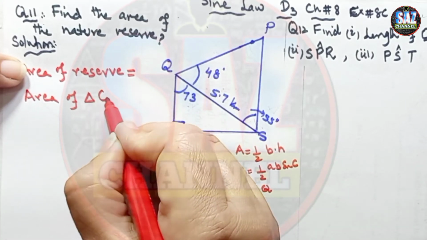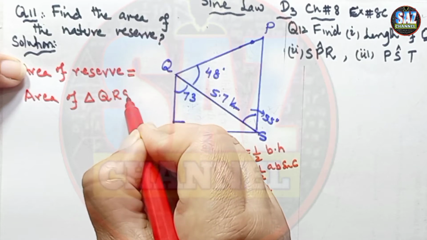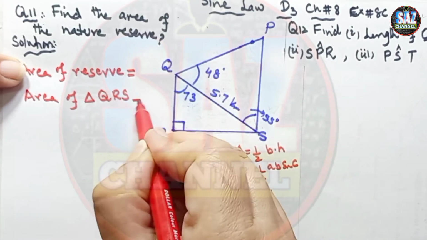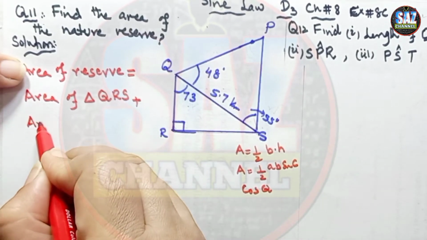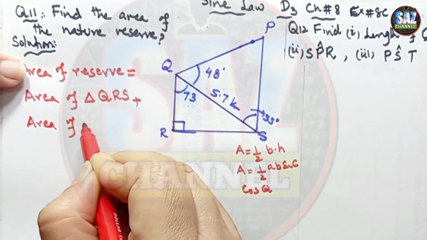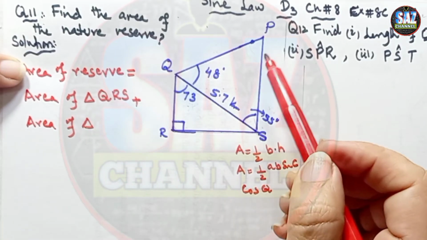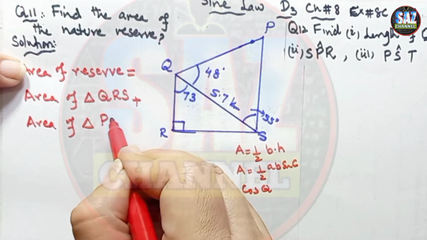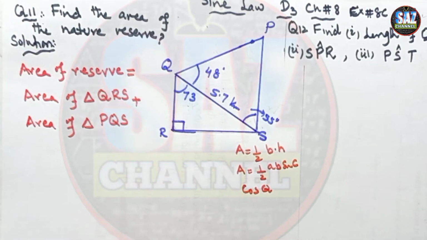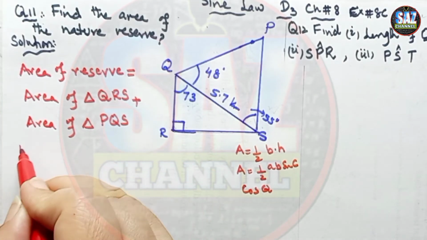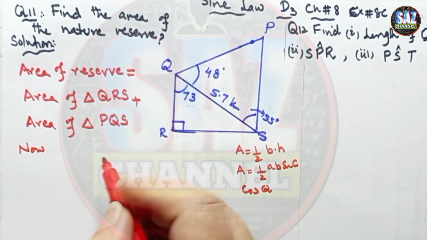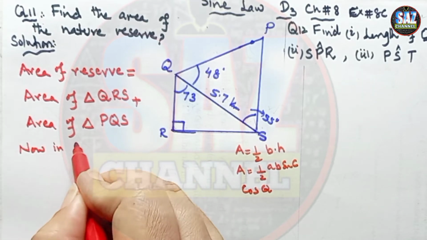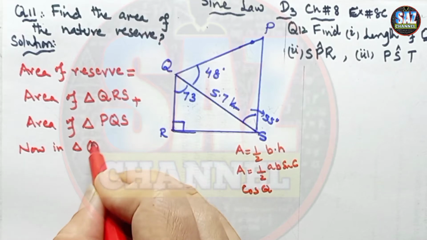QRS, plus area of triangle PQS. Now what we have to do, first of all, I have to take triangle QRS.